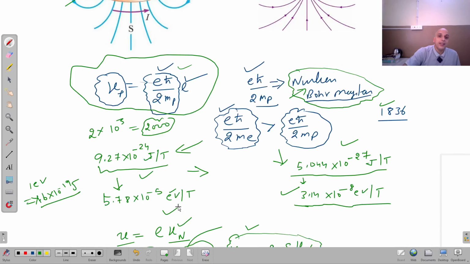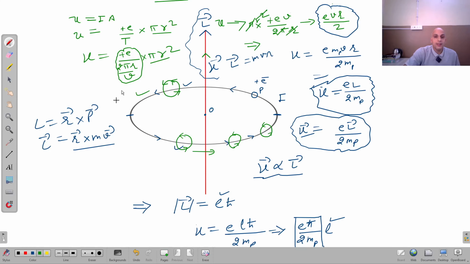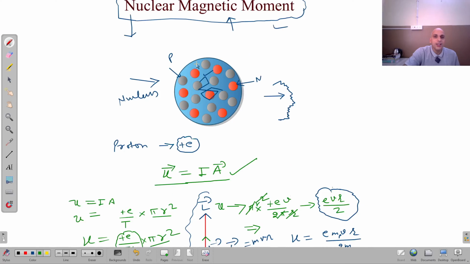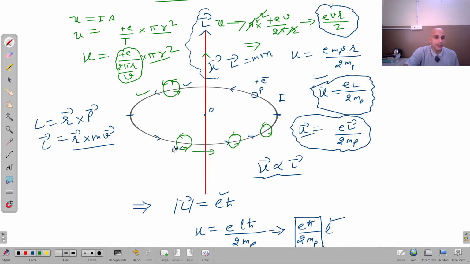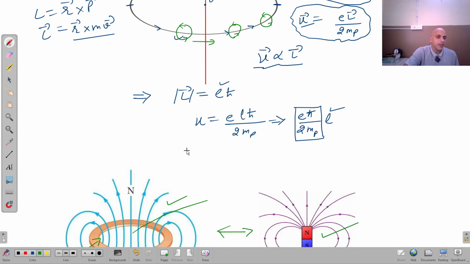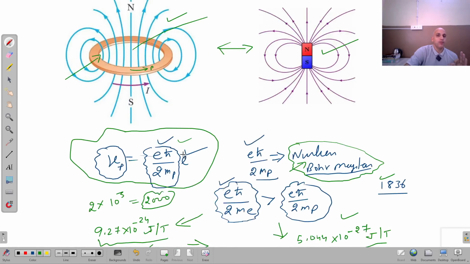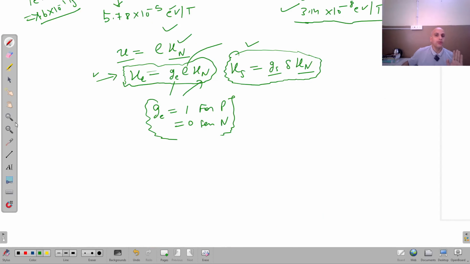So if, instead of a proton in this figure, I took a neutron, we know a neutron is a neutral particle, so its random motion inside the nucleus will not create electric current. I can't represent the neutron in this way because it is a neutral particle. It means there will be no orbital magnetic dipole moment associated with the neutron.